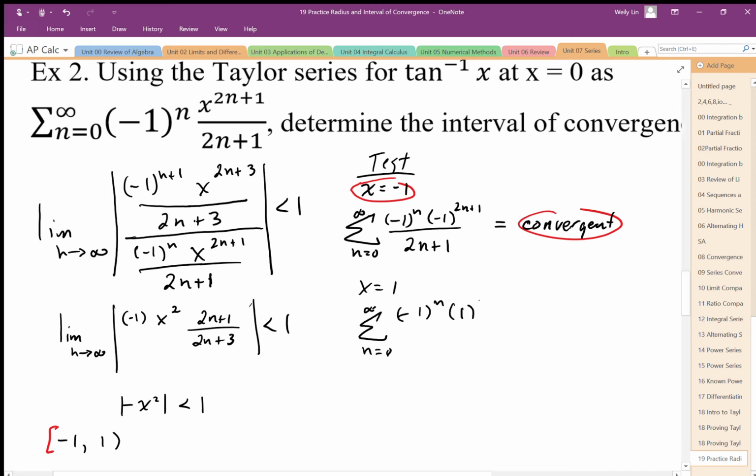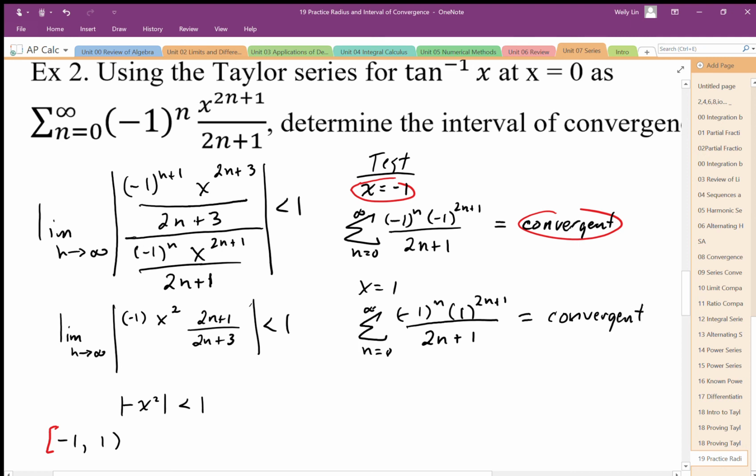Okay, so this is going to be an alternating series because that's just going to be 1. And now that is harmonic. It's a harmonic series, same thing as before. We are going to say that this is convergent as well, because essentially it's the same series as we got when we tested the other endpoint.